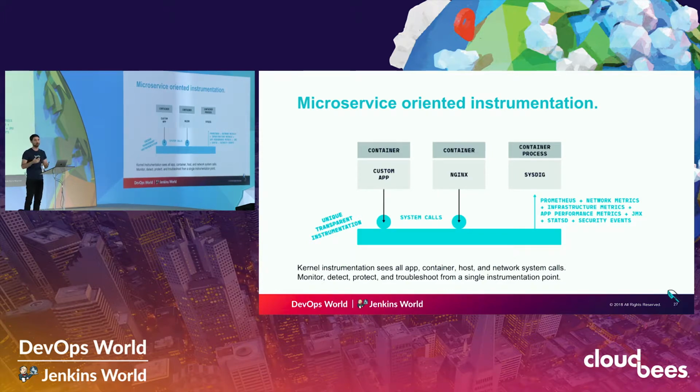With a more modern eBPF-based approach, you can see all this syscall activity, see if there's an unexpected write or if any user execs into a container, and from an instrumentation perspective, you get all that visibility.